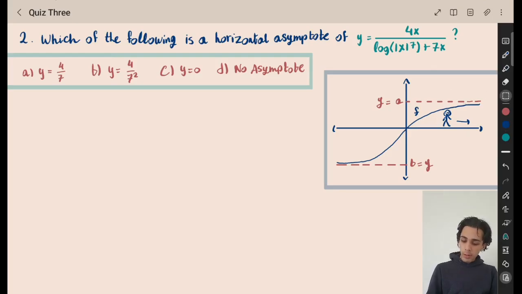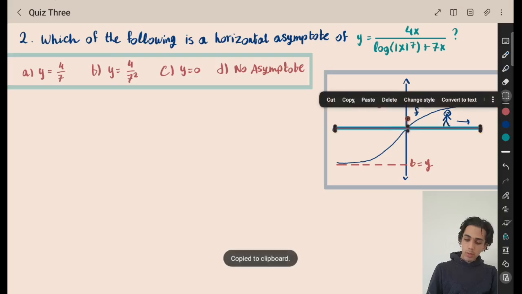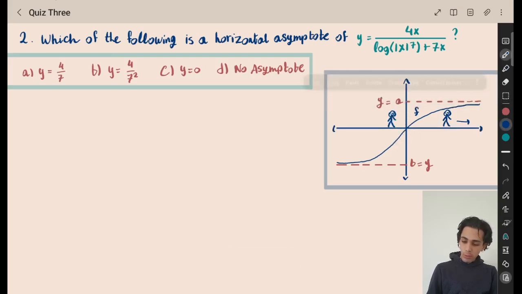Or similarly, let's say you're walking in the other direction, then you also find a surface below you. You won't be able, as a function, someone walking on this function here, to break this barrier. These are like two barriers in which you are locked in, more or less. So this is what an asymptote means.